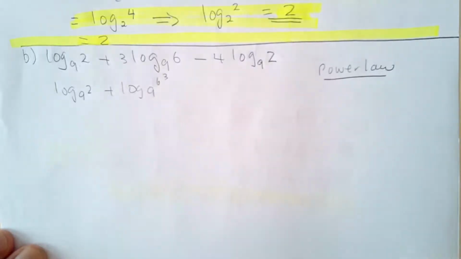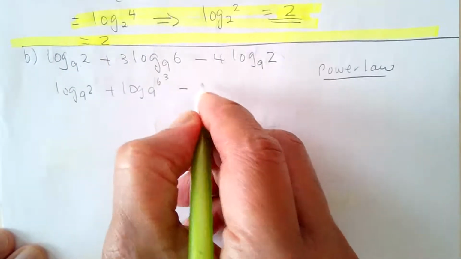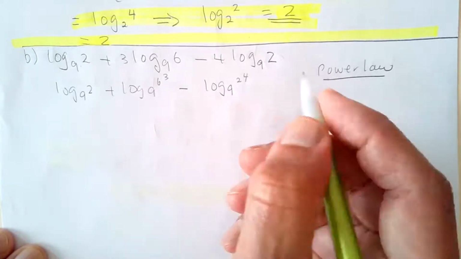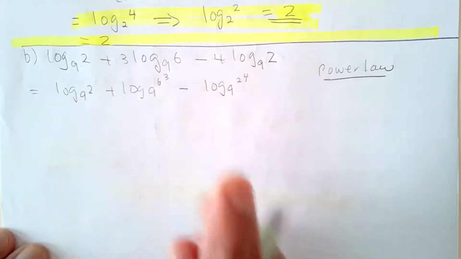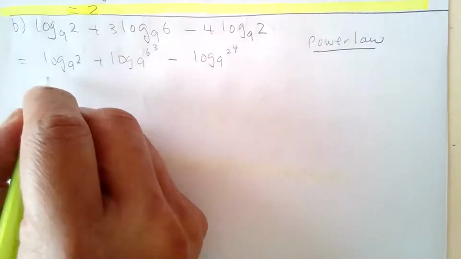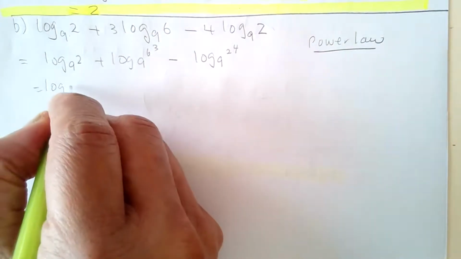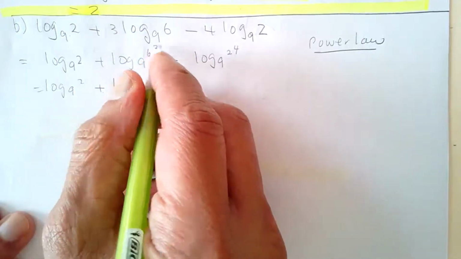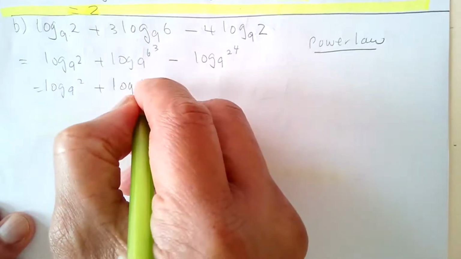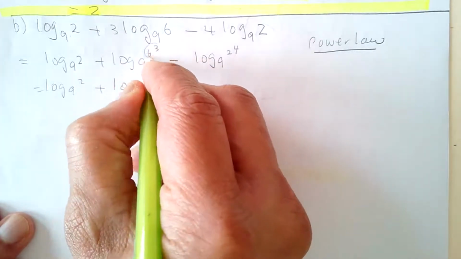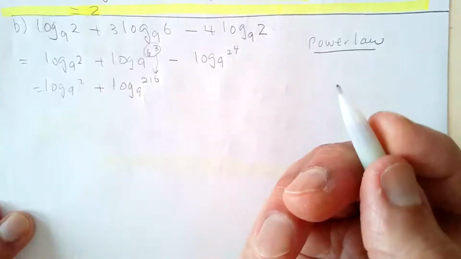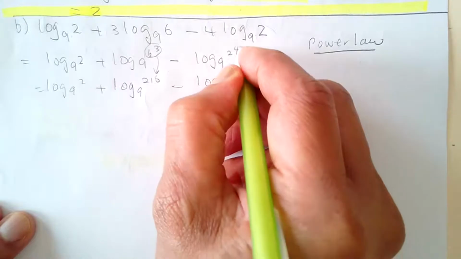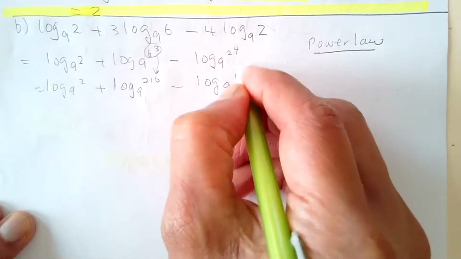And we'll change that later on, simplified, minus log 9 to the power of 4. So let's rewrite. This is log 9 of 2, now 6 to the power of 3 is 216. Let's go here, it's 216 minus log 9 of 2 to the power of 4 should give us 16, right?